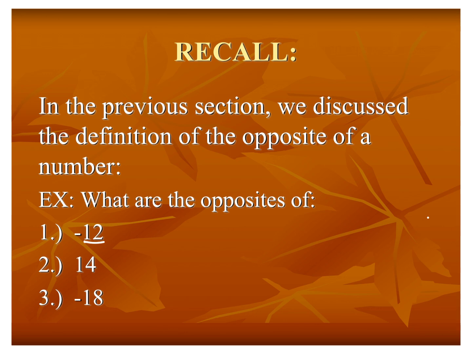So the opposite of -12 is going to be 12, so 12 is the opposite of -12. And then 14 is positive, so +14. Now the opposite of +14 is -14. And then lastly, -18, just changing the sign, the opposite of -18 is going to be +18.